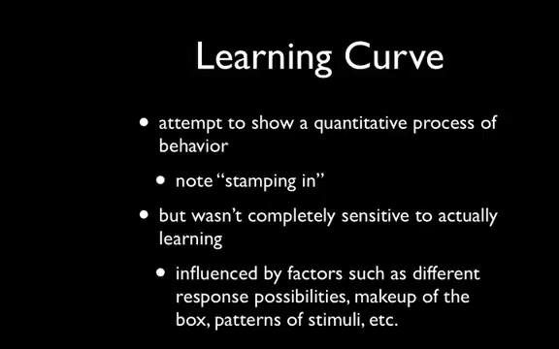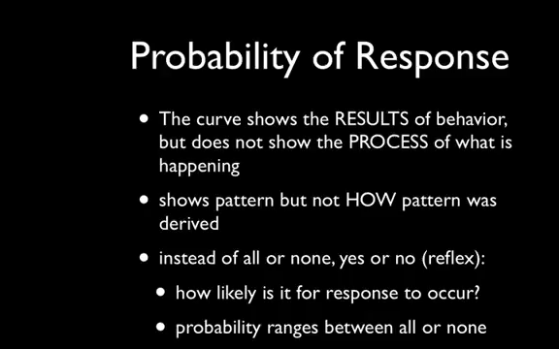Okay. Skinner first says that the learning curves are sensitive to many environmental factors. Look at what he noted: the makeup of the box, the possibility of different responses being able to perform the escape of Thorndike's box, patterns of stimuli. So learning is certainly influenced by all those environmental events.